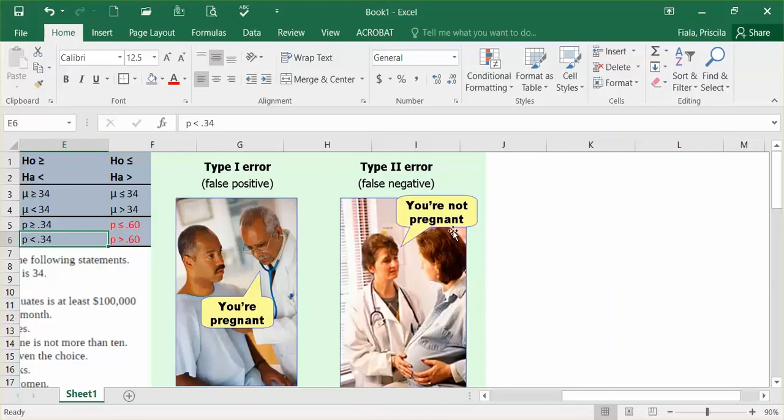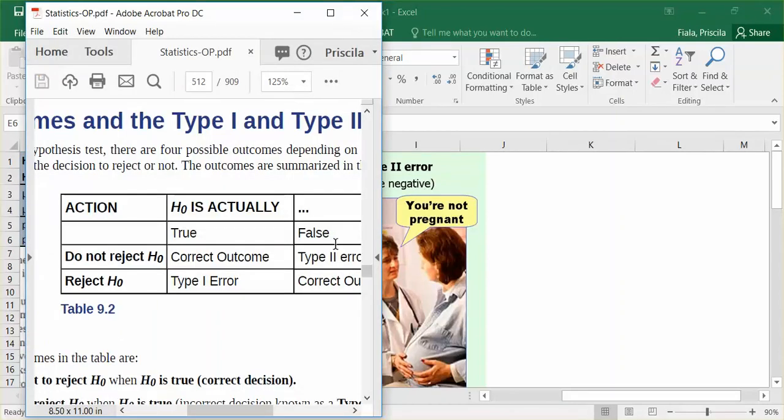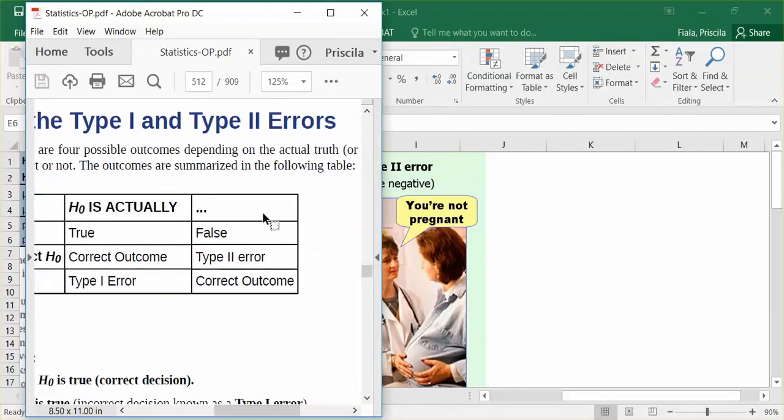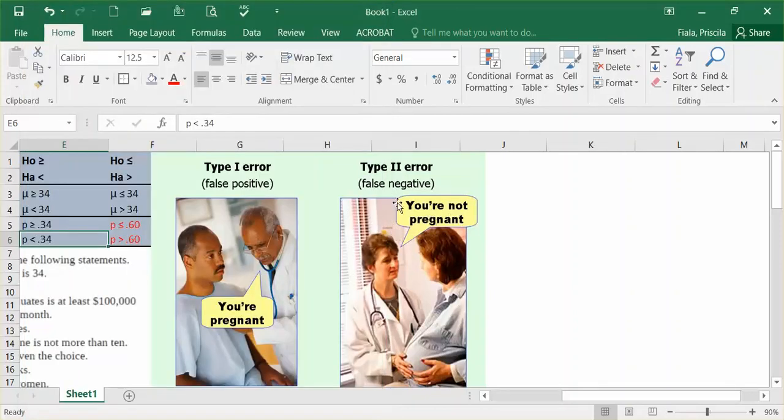In this case, she knows the truth is she's pregnant, but she's rejecting the fact that she's pregnant, or she's accepting the incorrect outcome. Therefore, she's giving a false negative, which is a type 2.